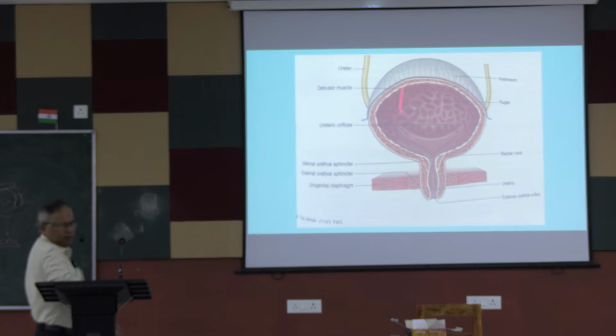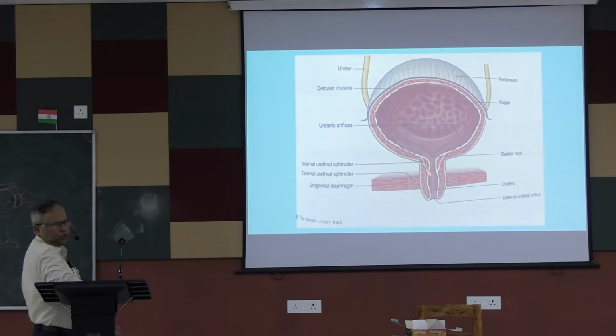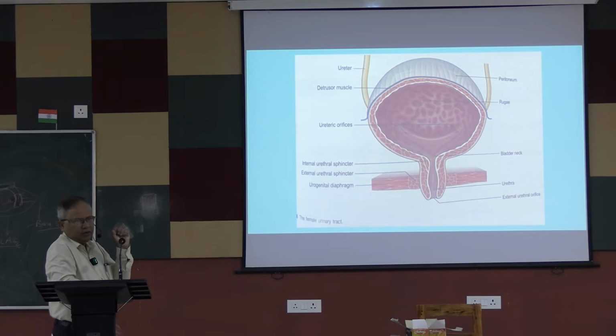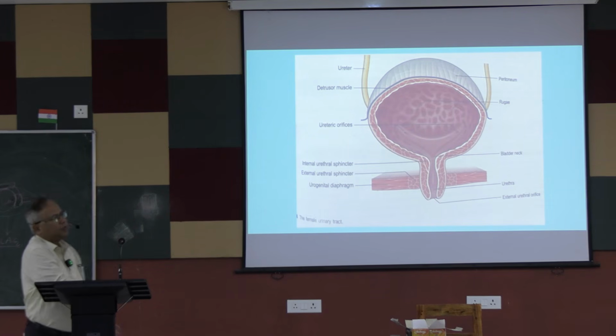This is the female urinary tract. Here, the urethra is much shorter, about 4 cm in length. At the level of the bladder neck, there is the internal urethral sphincter. At the outlet, there is the external urethral orifice, and this is the urogenital diaphragm, which takes a major part in urinary continence.